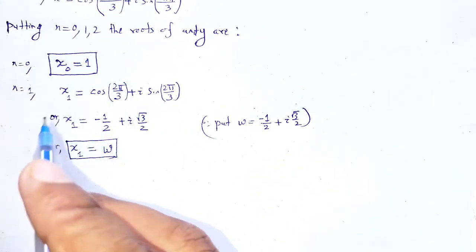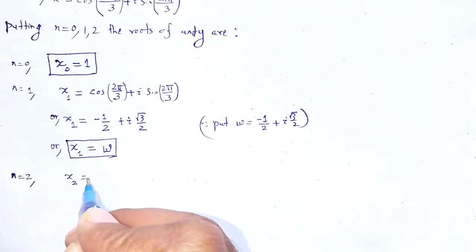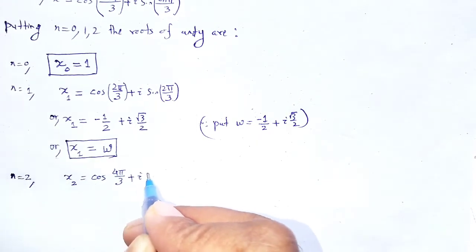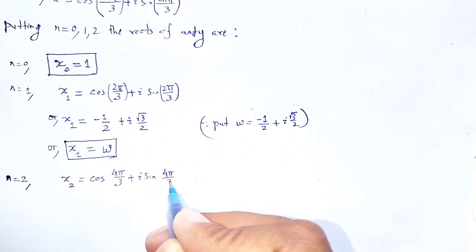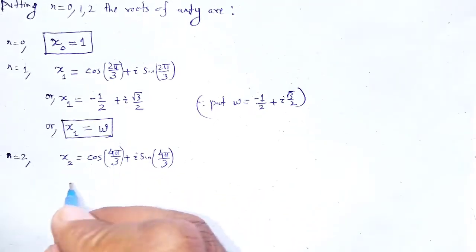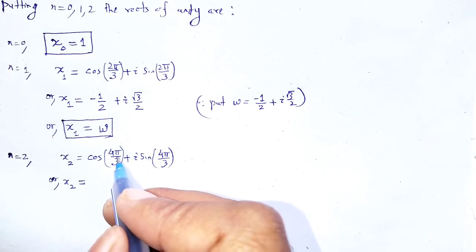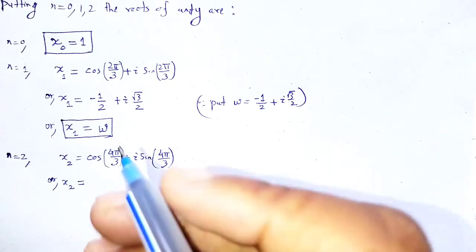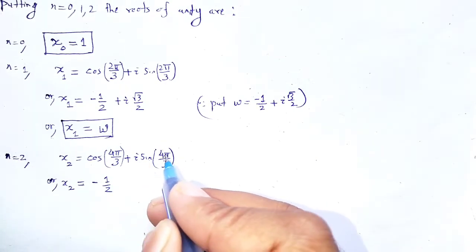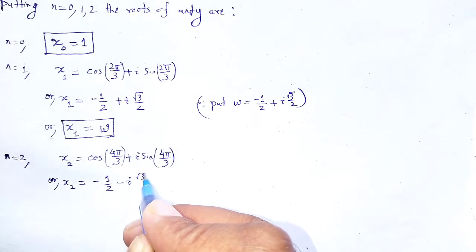Next, put n equal to 2. When n is equal to 2, we have x2 is equal to cos 4 pi by 3 plus I sin 4 pi by 3. Cos 4 pi by 3 results in minus 1 by 2, and sin 4 pi by 3 results in minus I root 3 by 2.